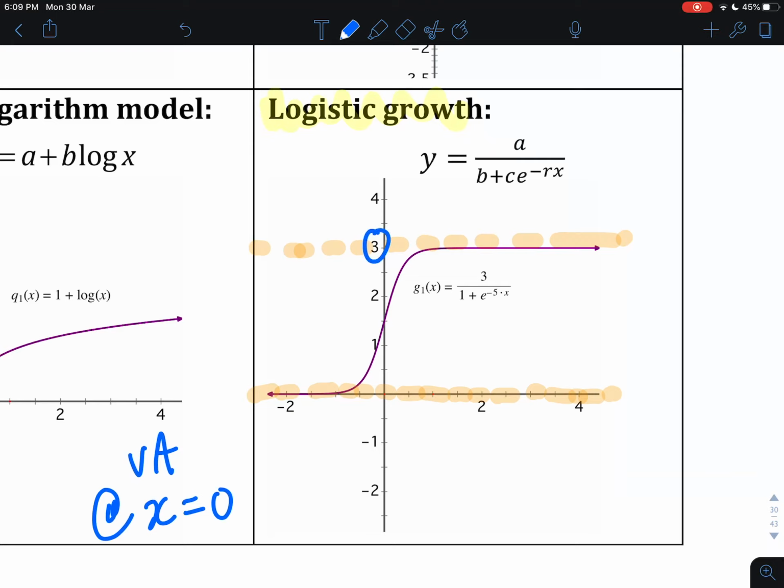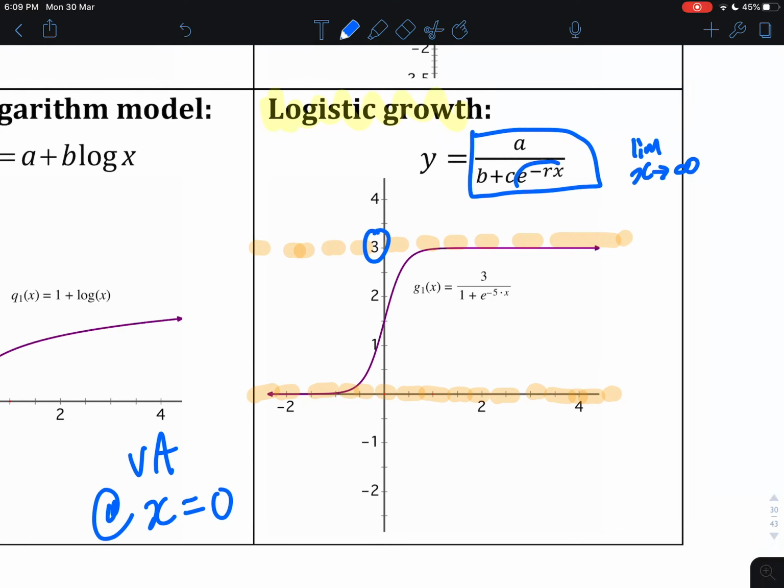In this case, it's showing as if it were 3, but effectively what we're looking at is what is happening to the function. If I focus on this general function over here, what is the limiting value as x approaches infinity?